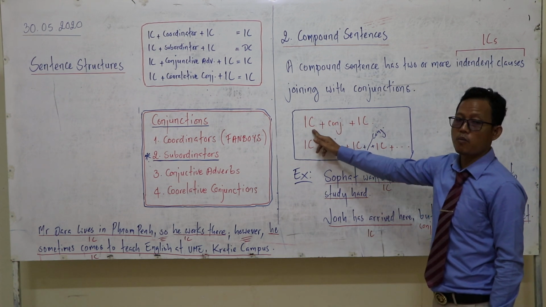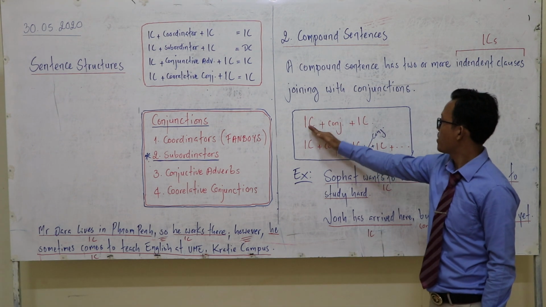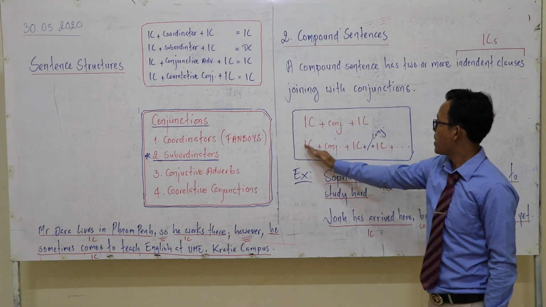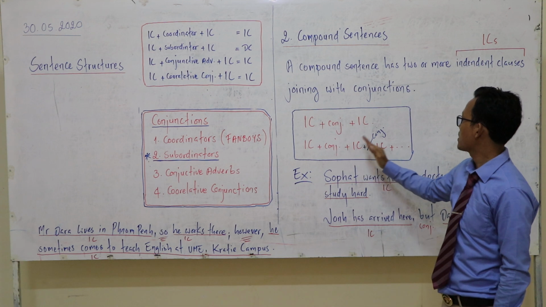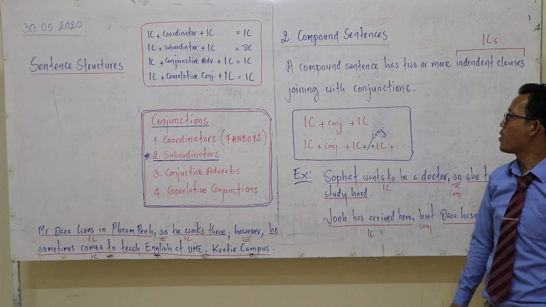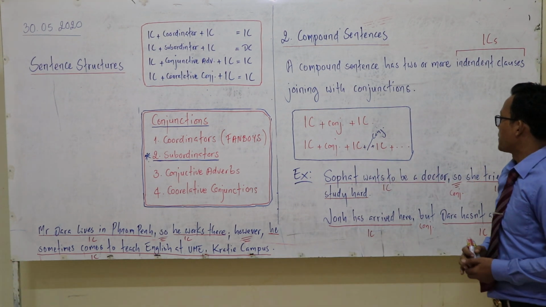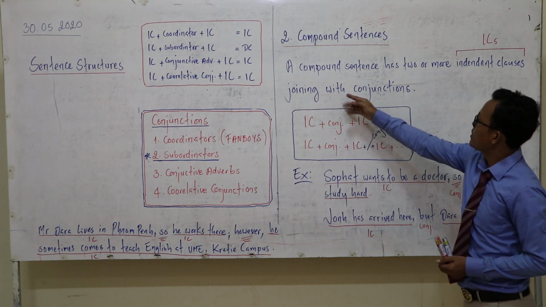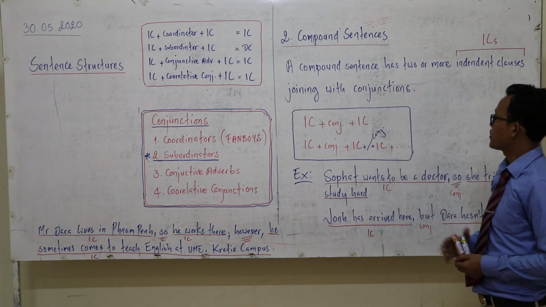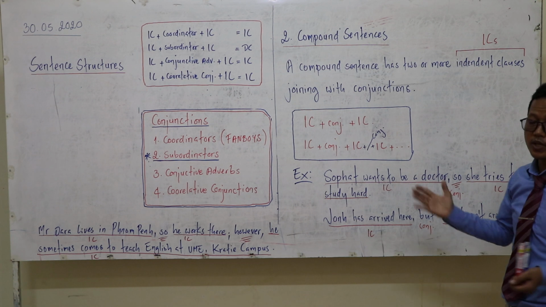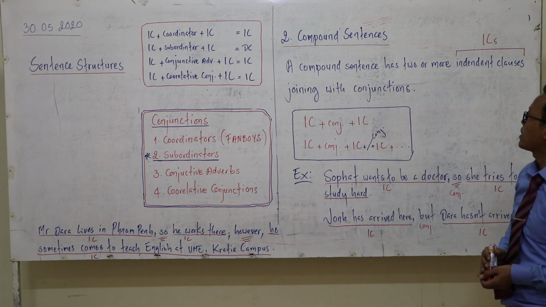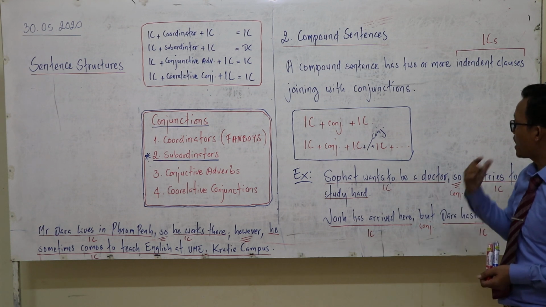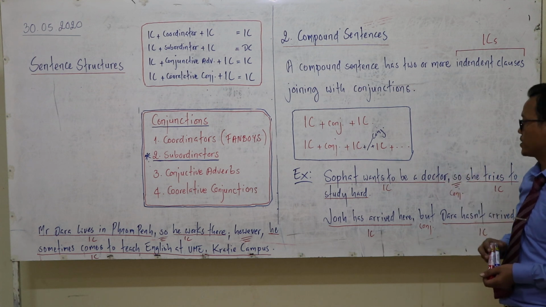So two or more ICs joined together with conjunctions we call a compound sentence. So no DC in this sentence, just only IC, but two or more ICs.